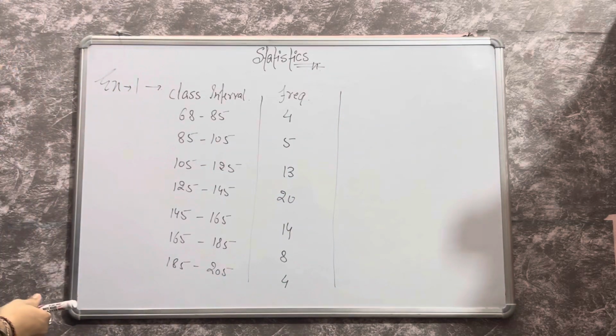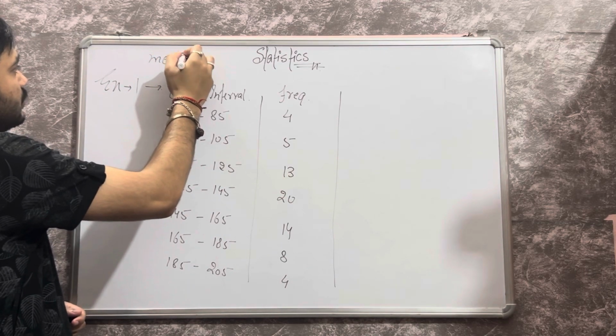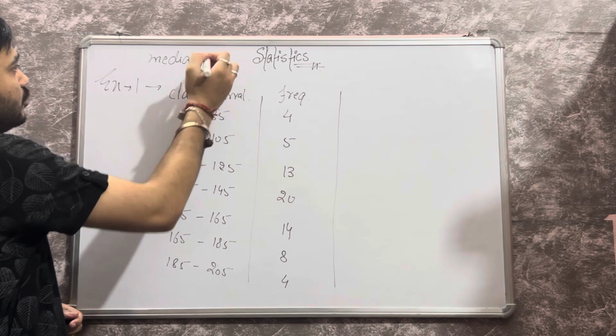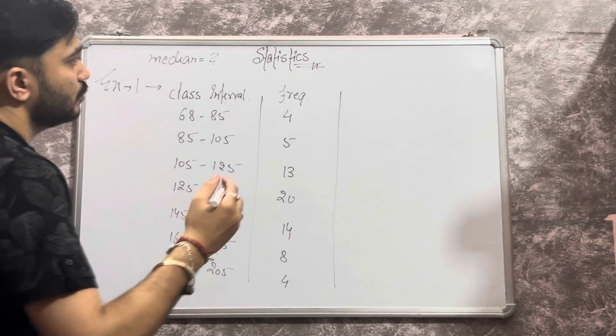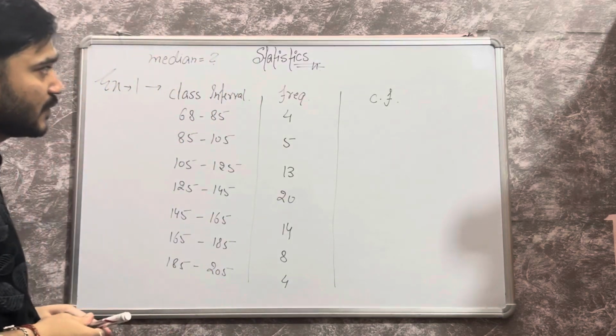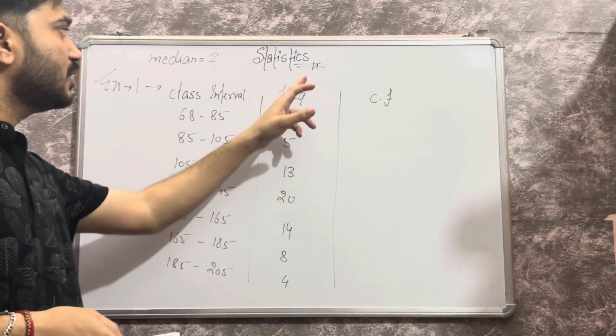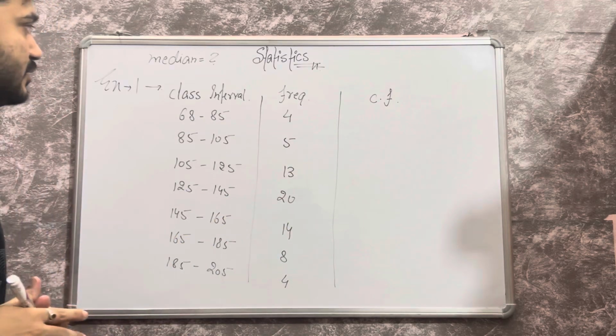Since we are going to find the median of this data, we should know what cumulative frequency, that is CF, is. Cumulative frequency is the step-to-step sum of the frequencies.